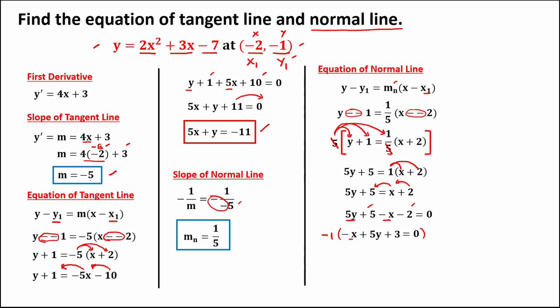So this becomes positive x, this becomes negative 5y, this becomes negative 3 equals 0, and transpose this negative 3. So we have x minus 5y equals positive 3. So this is now the equation of the normal line.